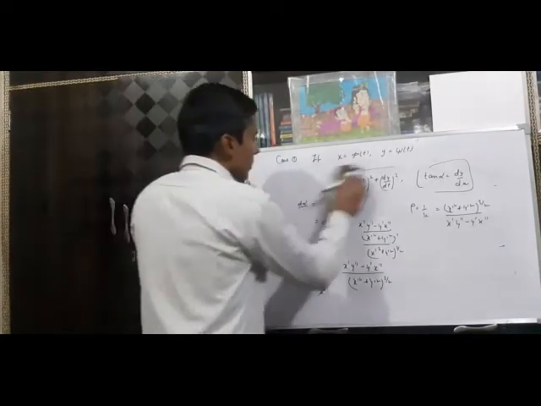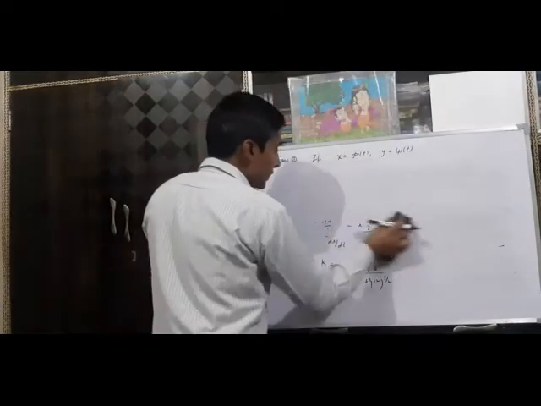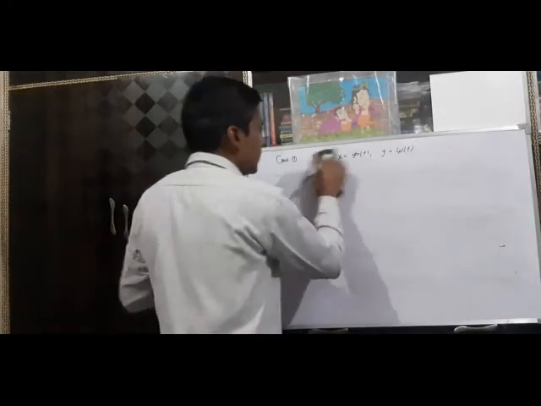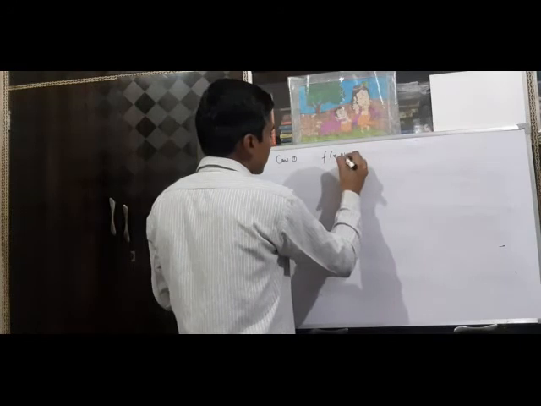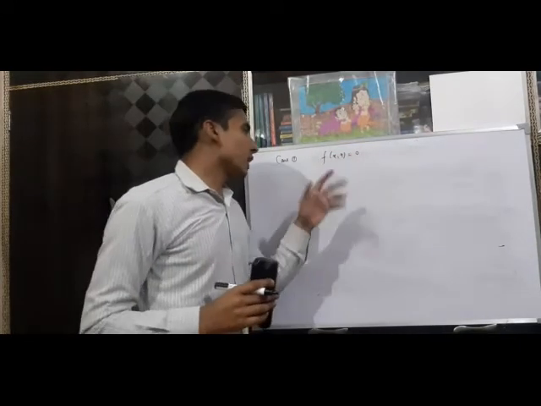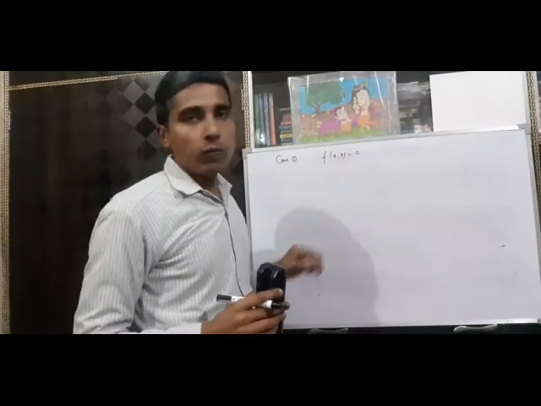Now if the curve is given as an implicit function, that means if we write the curve as f(x, y) equal to 0, and we have to determine the curvature and radius of curvature, then what will be the formula for that type of curves?